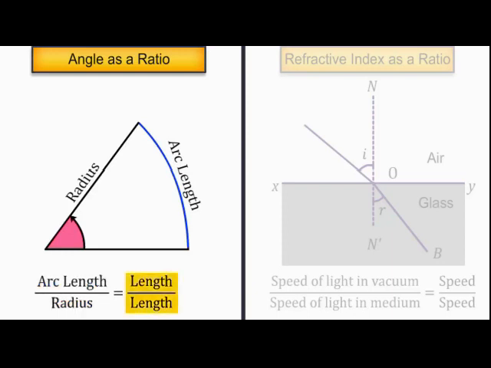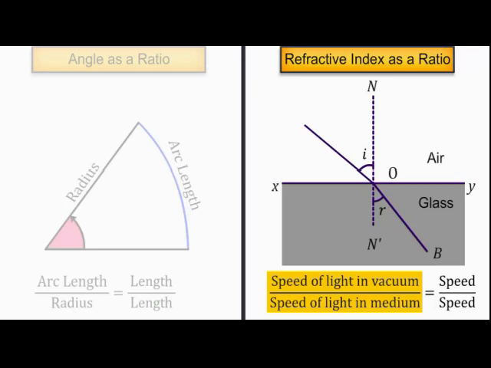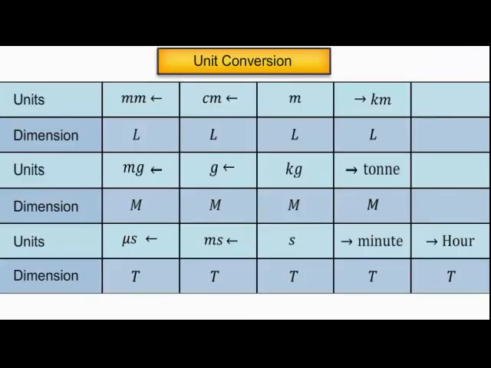Absolute refractive index of a medium is the ratio of the speed of light in a vacuum to that in a given medium, which is the ratio of speed to speed. The test of consistency of dimensions not only tells us the consistency of units, but also helps the user ignore the units to be mentioned and conversions among multiples and submultiples of units.